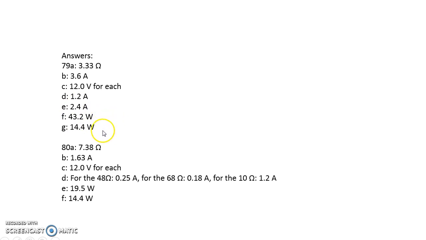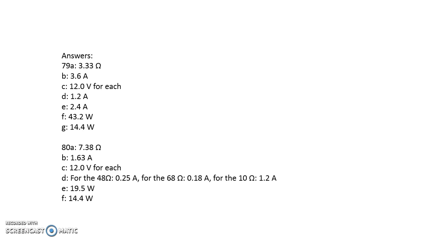And just individually, for the 10 ohm resistor, I did V squared over R, so 12 squared over 10 gives you 14.4 watts. All right, it'd be kind of interesting because you did a similar problem when they were in series. You did, ideally, number 76, and it might be interesting for you to compare the power. Go back and look, and you'll see that the total circuit for series generated a lot less power.